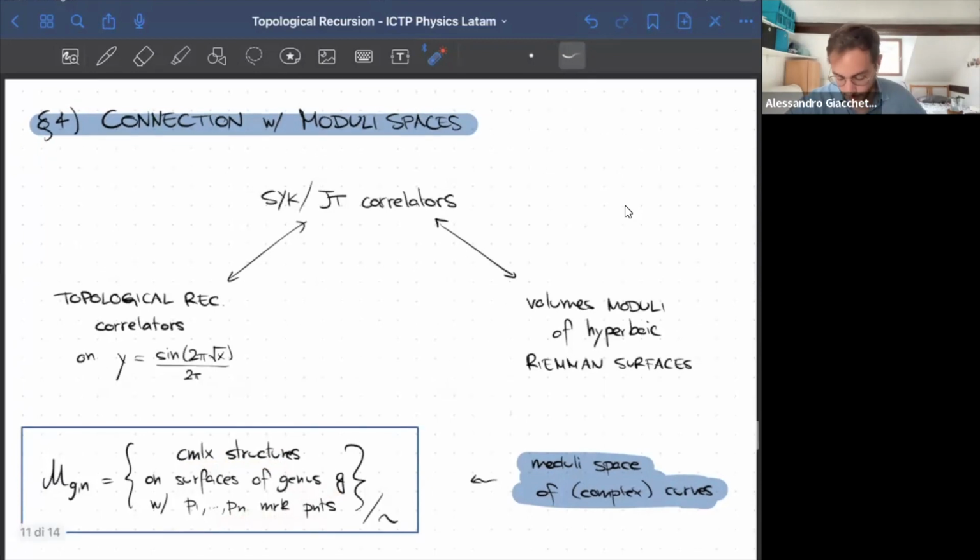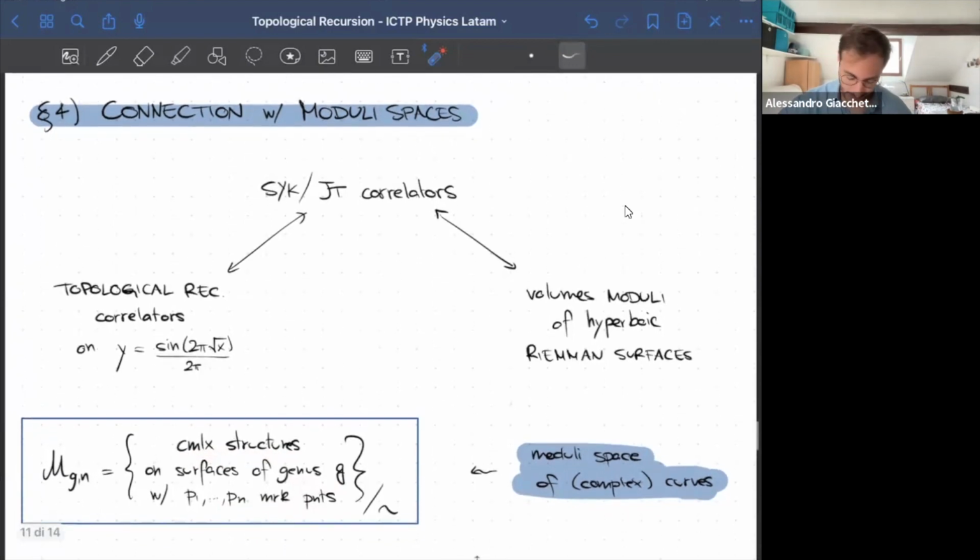This is called the moduli space of curves, where curves actually means complex curves. So it's again two-dimensional surfaces, but because you are parameterizing complex structures, you can think of them as one-dimensional complex manifolds. Hence the name curves.